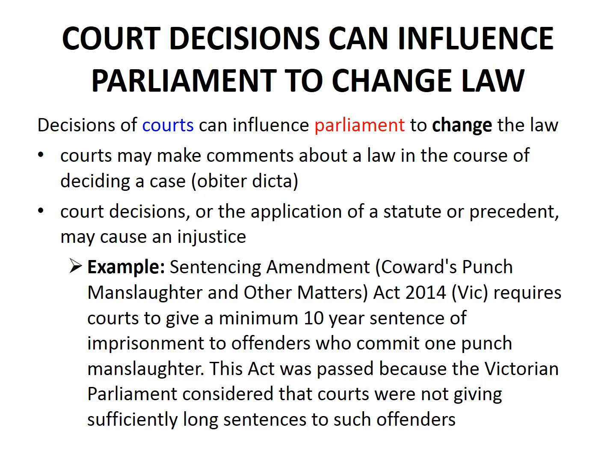As a result, the Victorian Parliament passed the Sentencing Amendment (Coward's Punch Manslaughter and Other Matters) Act 2014. This act requires the Victorian courts to sentence an offender to a minimum of 10 years jail where the offender is found guilty of killing the victim with a coward's punch.